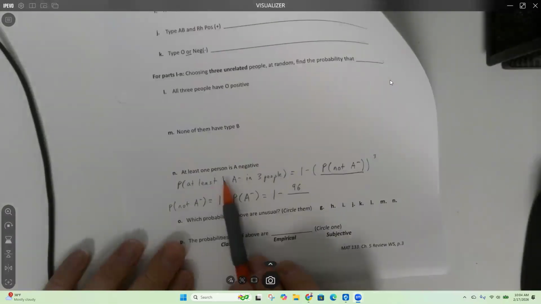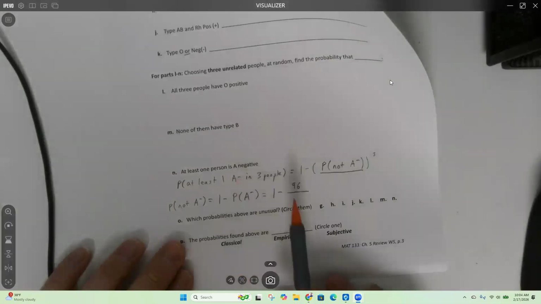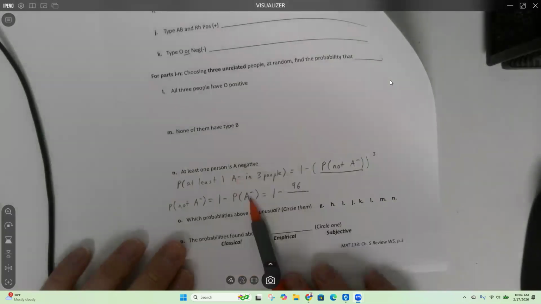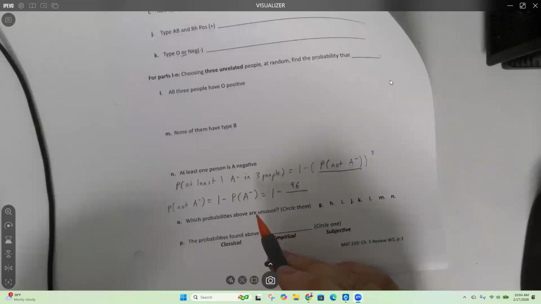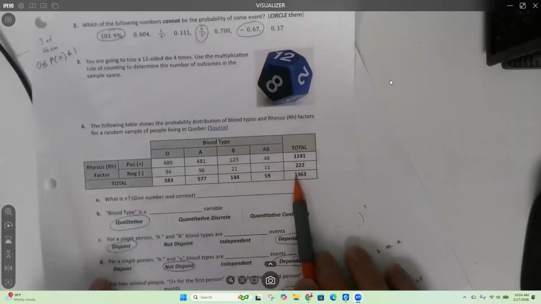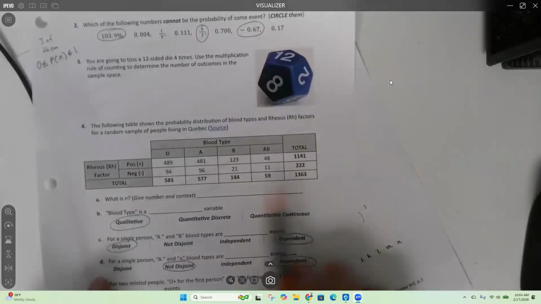I know it's weird because the question is asking about one person being A negative, but don't worry about that. Probability of one person being A negative is 96 over total. What's our total in this case? The total of the total is 1,363.